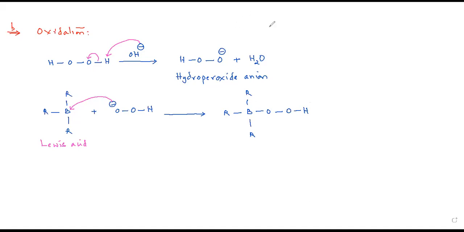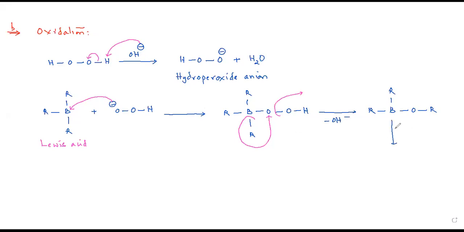Now, after this, the OH minus is last. Okay. Be little cautious. R, B, you got an R, then this O to which the R group is connected. Of course, OH minus is last.